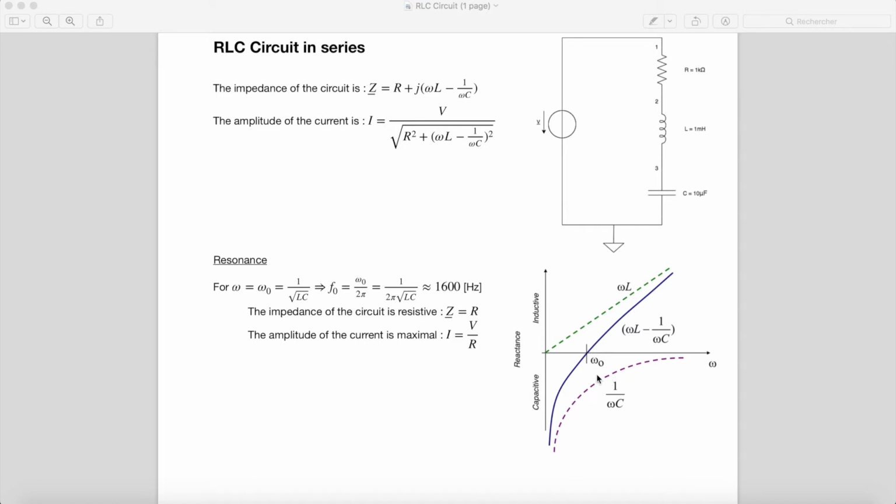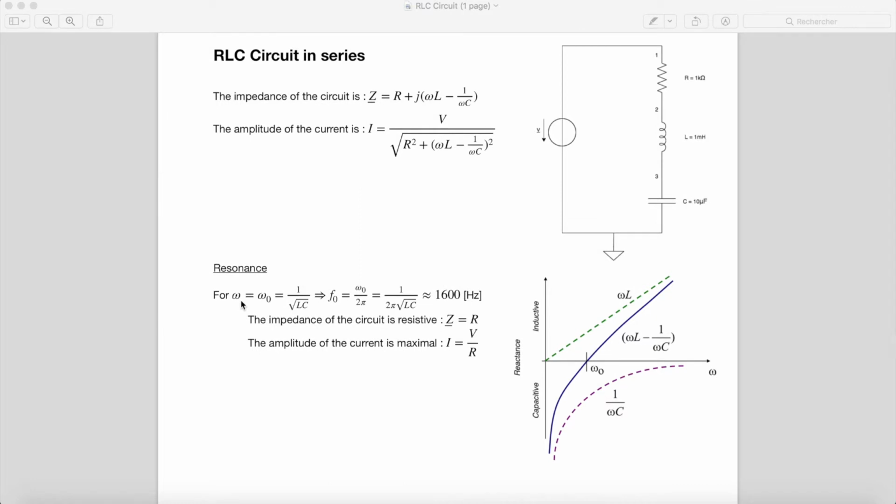We can see that when omega is smaller than omega 0, the reactance is negative, so capacitive. And when omega is greater than omega 0, the reactance is positive, so inductive. But what happens when omega is equal to omega 0? This is the resonance.